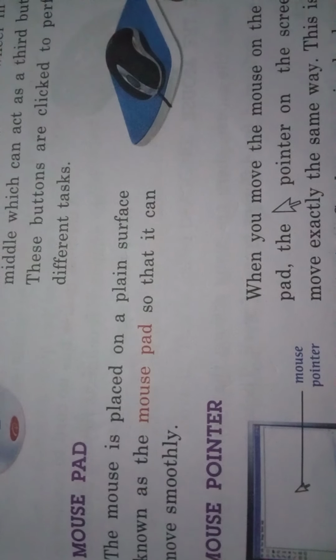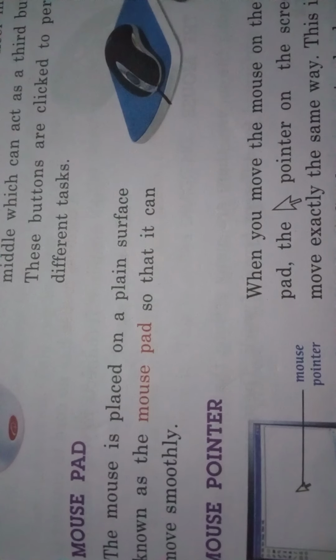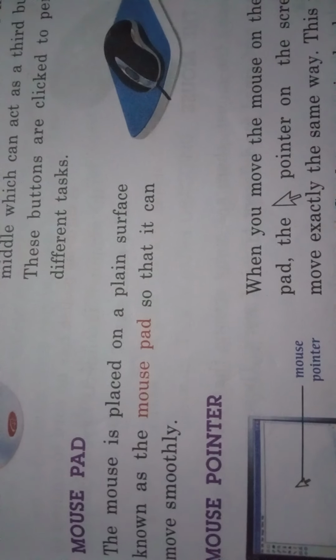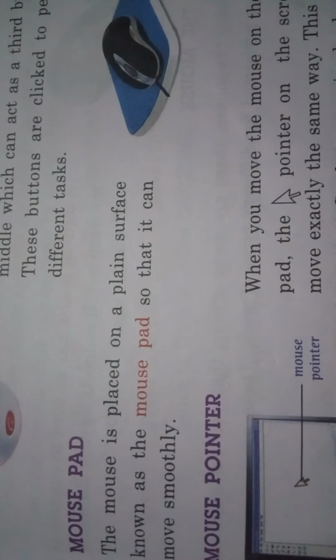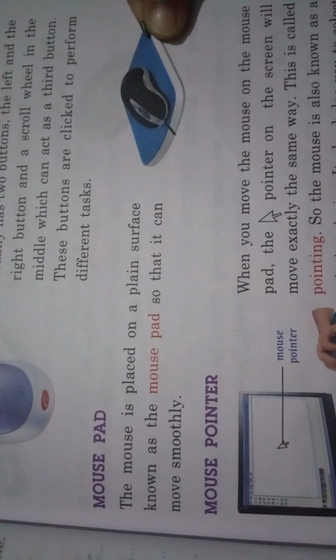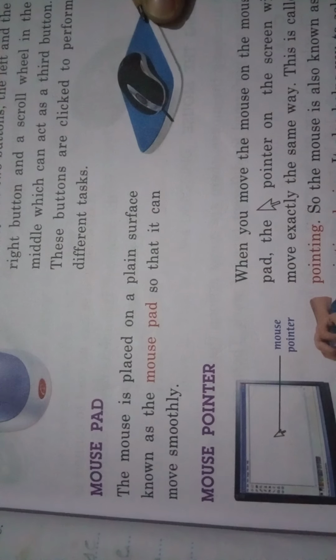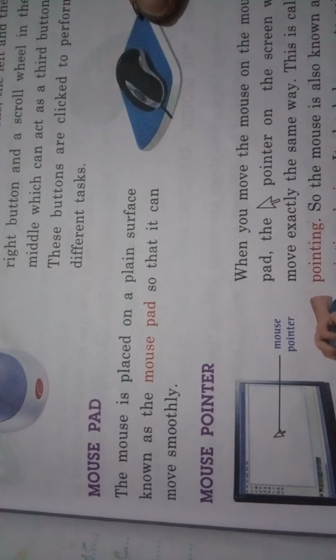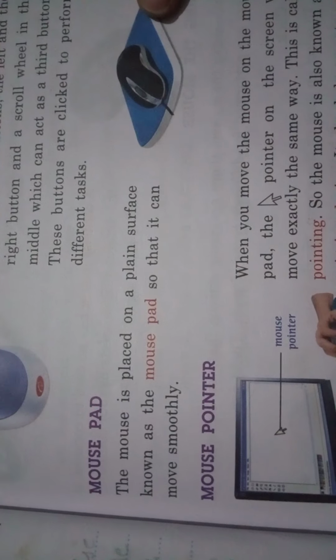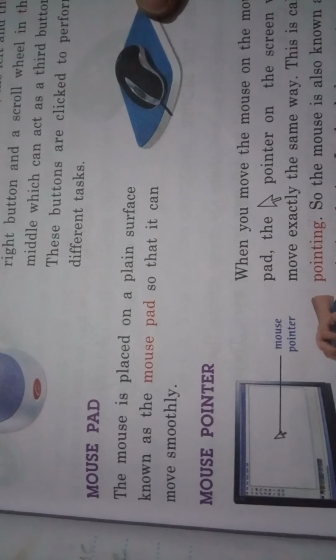The plane surface on which the mouse is placed is called the mouse pad. We place our mouse on the mouse pad because after placing the mouse on it, the mouse moves very smoothly.